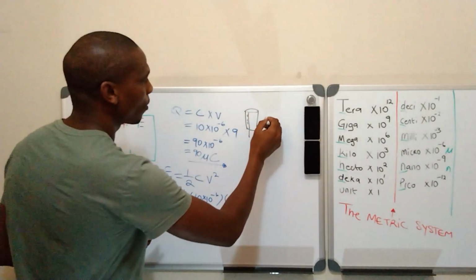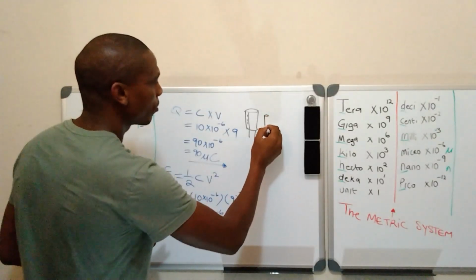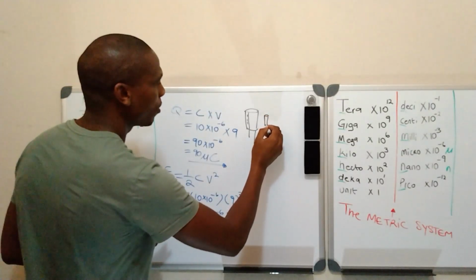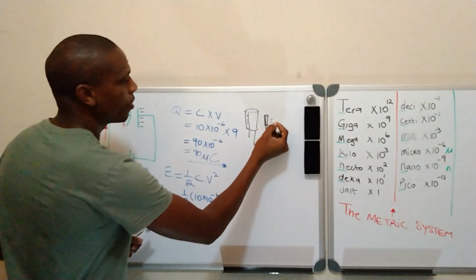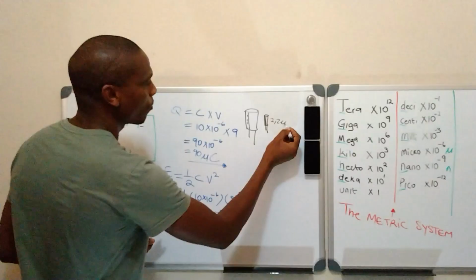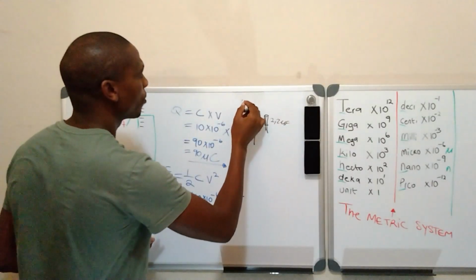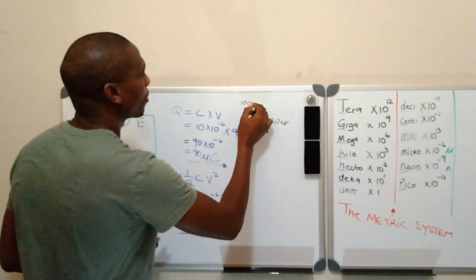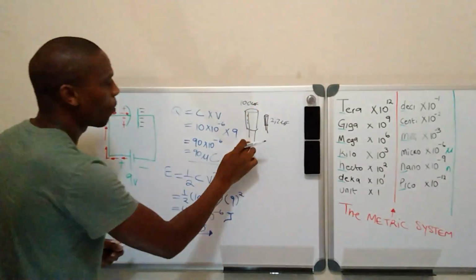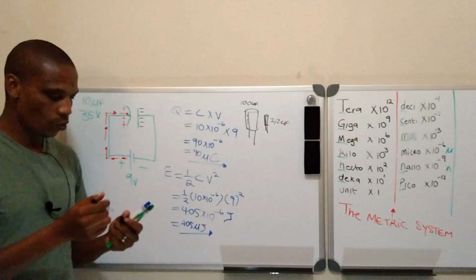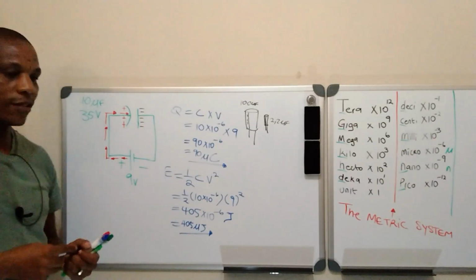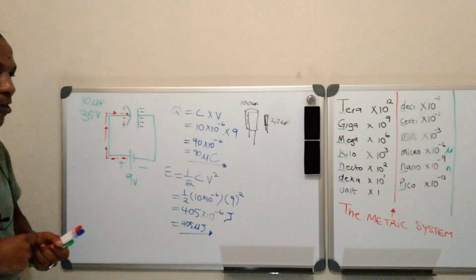And then you have another one, this small, with a stripe here. You'll find that this one is 2.2 microfarad, but this one is 100 microfarad. Why is this one 100 microfarad and this one 2.2 microfarad? Because it's big.